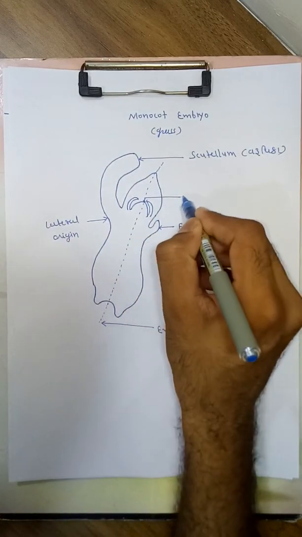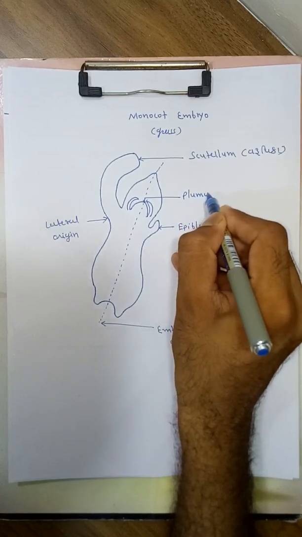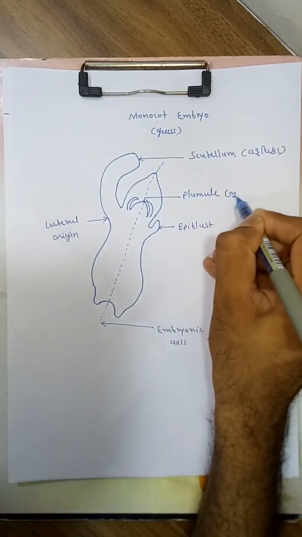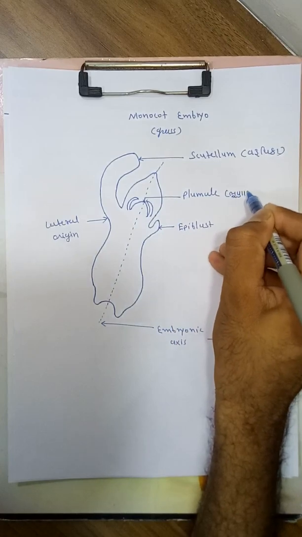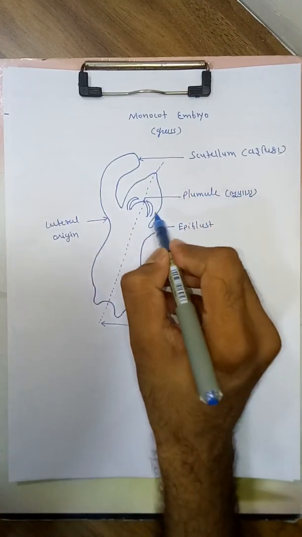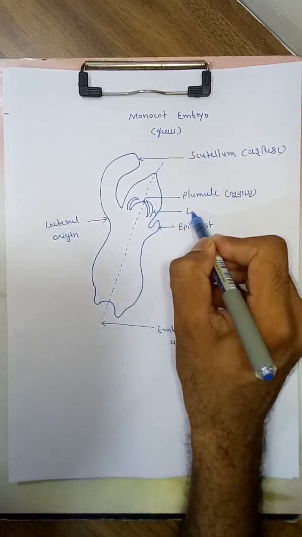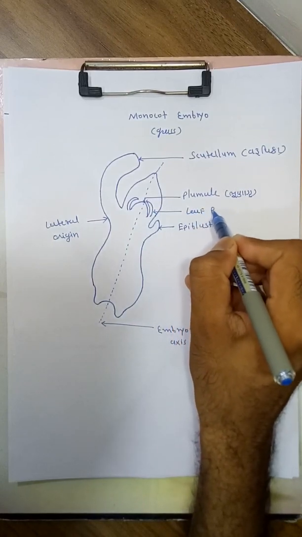This is plumule, ભ્રૂણાગ્ર. આ છે leaf primordia.